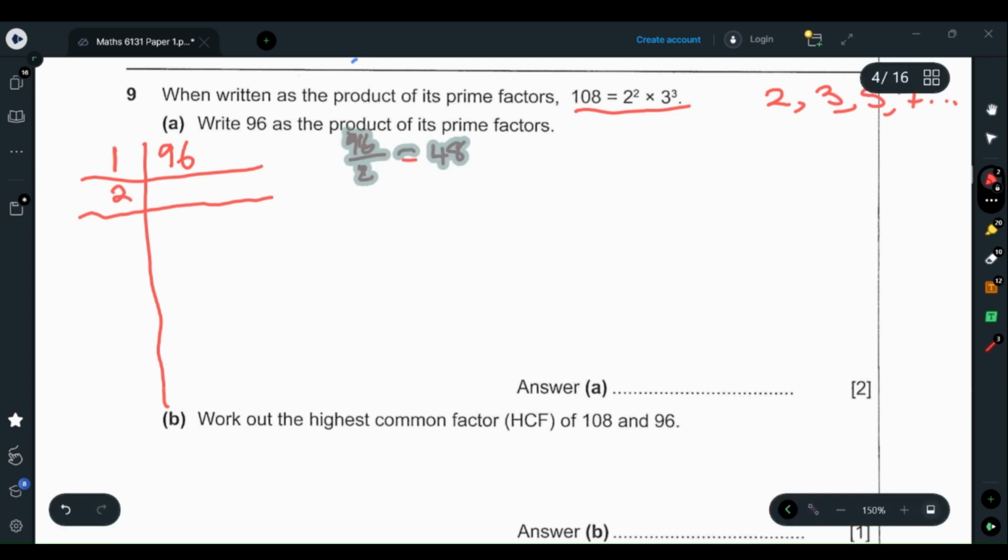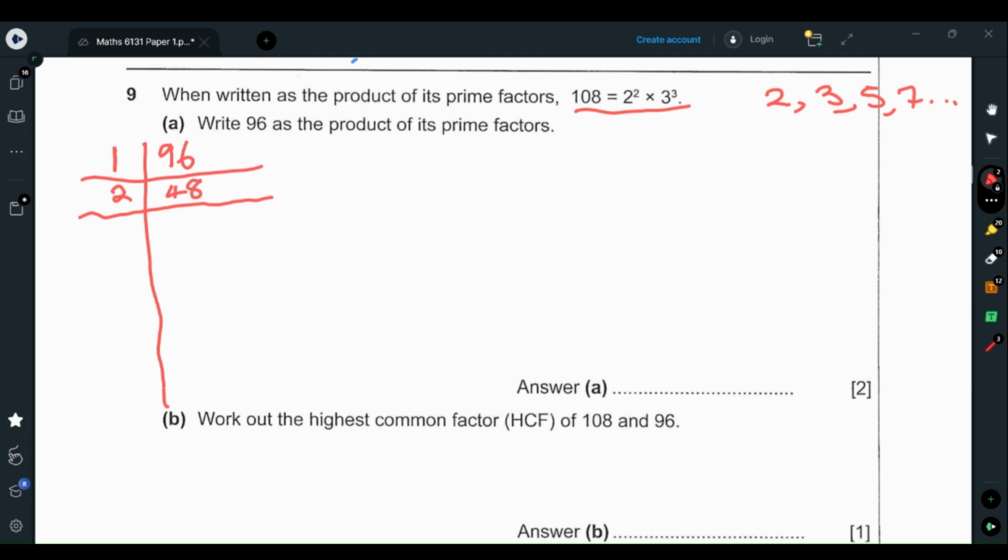So 96 divided by 2 gives us 48, and 48 divided by 2 gives us 24, and 24 divided by 2 gives us 12, 12 divided by 2 gives us 6, 6 divided by 2 gives 3, and 3 we only divide by 3 now, so 3 divided by 3 gives us 1.